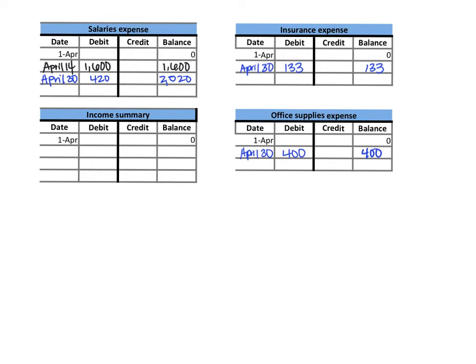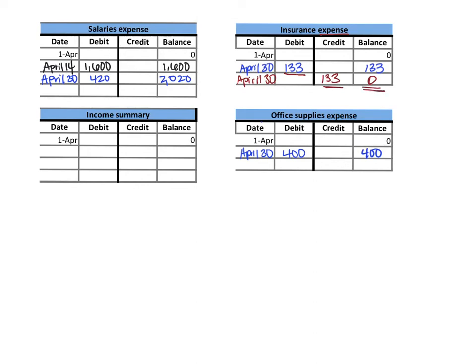So right now, if you look, for example, at our insurance expense, it has $133 as a debit, and our goal is to close this down to zero. So every expense account will get a credit in it for whatever its balance is to bring that account down to zero at the end of the month. Okay, so again, every single account that has an expense will be credited for that amount to bring our balance down to zero.